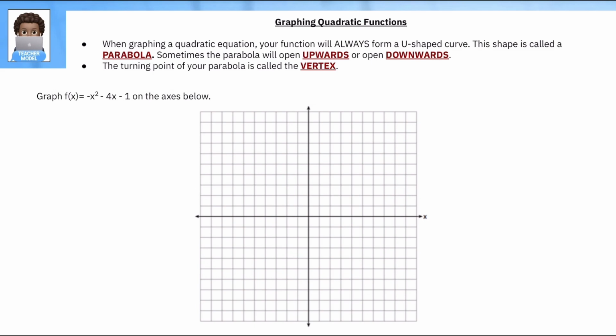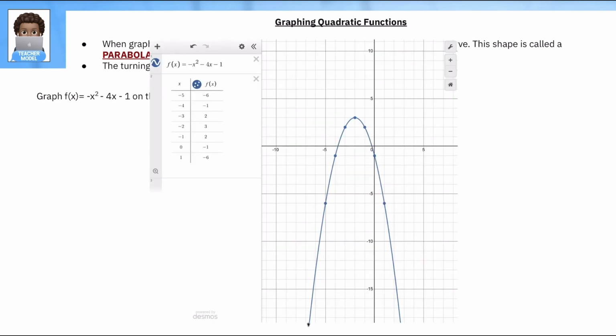Here we have a new equation, and just see, what do you notice? Here we have negative x squared. So again, putting it right into our Desmos graphing calculator and getting our list of coordinates. Once again, all I'm doing is capturing this somewhere on my notes.